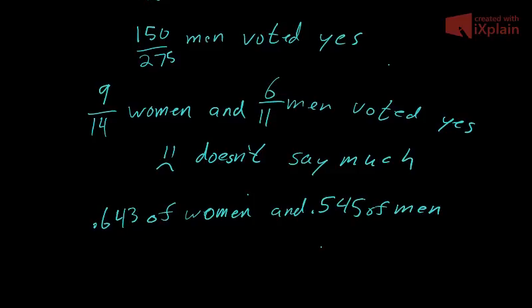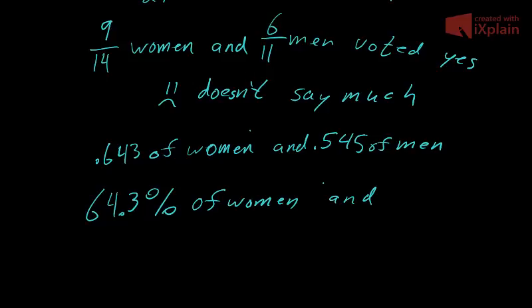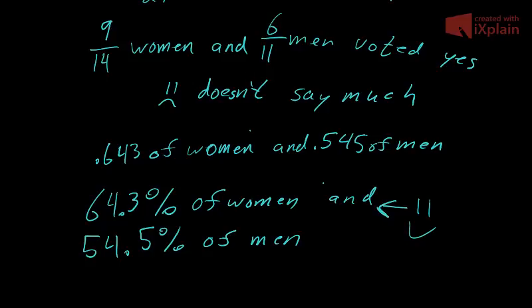So the best way to make this work out would be to write this as 64.3% of women and 54.5% of men. And this is really easy to read, so this one right here makes me happy.